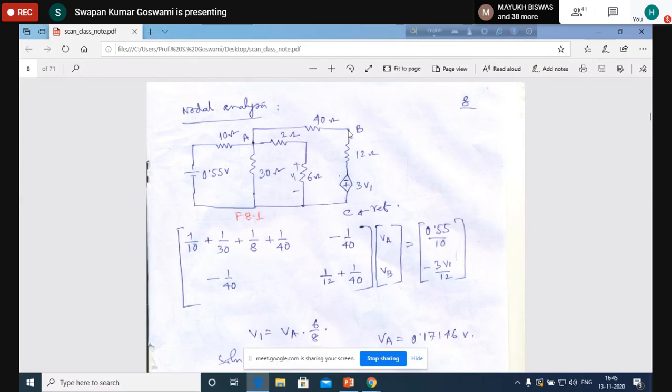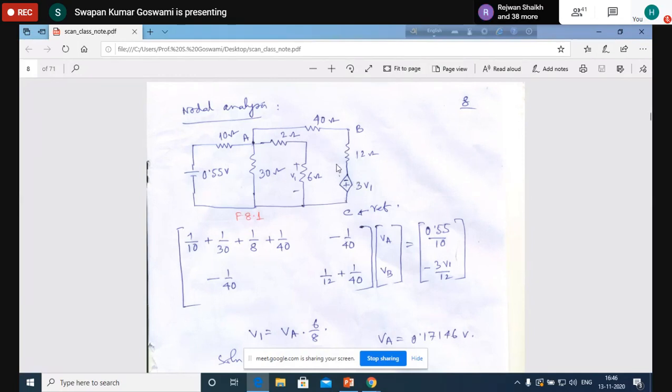Now for node B, between node B and the reference, we have the 12 ohm resistance in series with the dependent source 3V1, with positive terminal here at the end C and negative terminal here. If we convert this into a current source, how much will be the current entering the node?